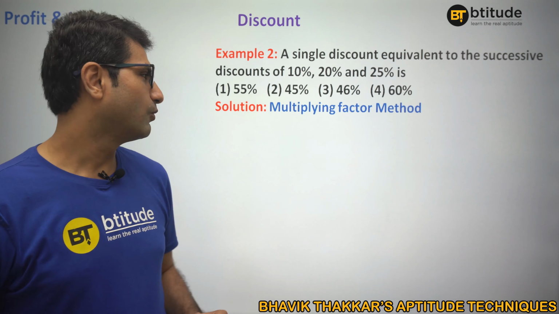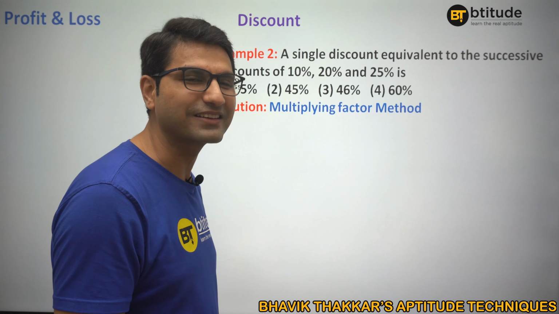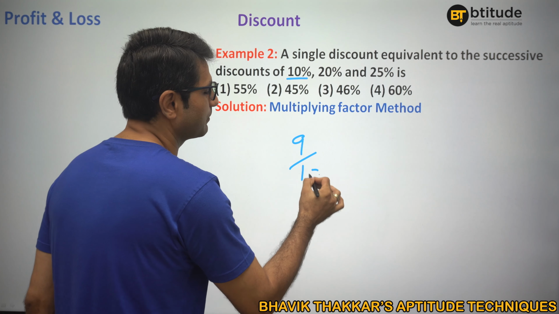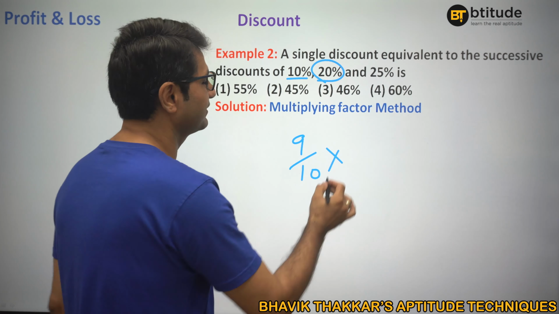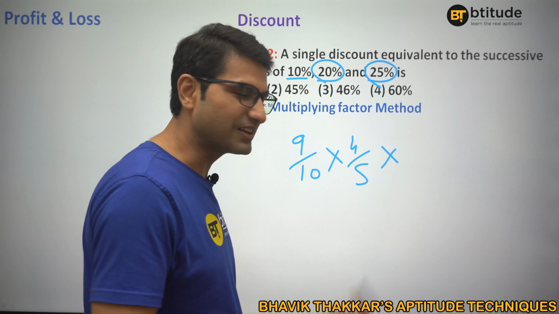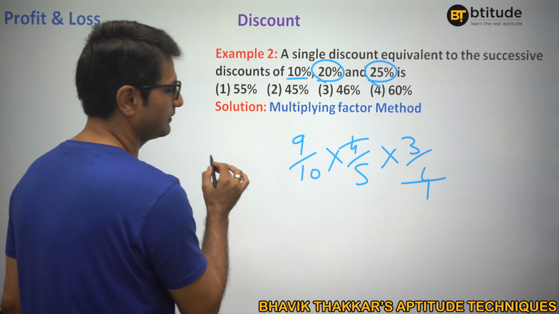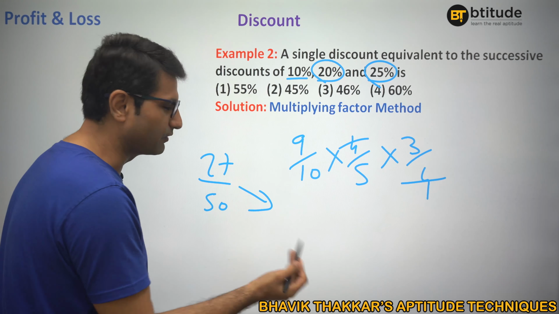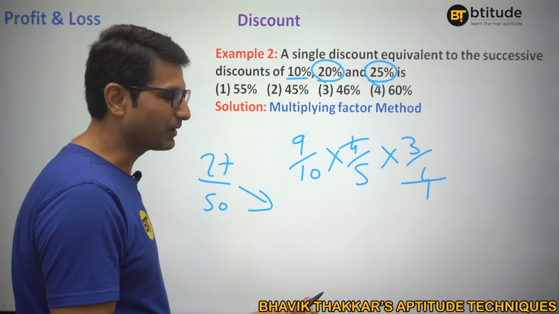Pretty easy. What about the multiplying factor method? We actually understand each and everything in terms of fractions. So I would say 1/10 reduction is nothing but 9 by 10. 20% is 1 by 5, reduction is nothing but 4 by 5. 1/4 reduction is nothing but 3/4. So now if you solve it, 4 gets cancelled, 27 divided by 50, or you can just double both the values, because when the denominator is 100, it is very easy to interpret it in percentage terms.